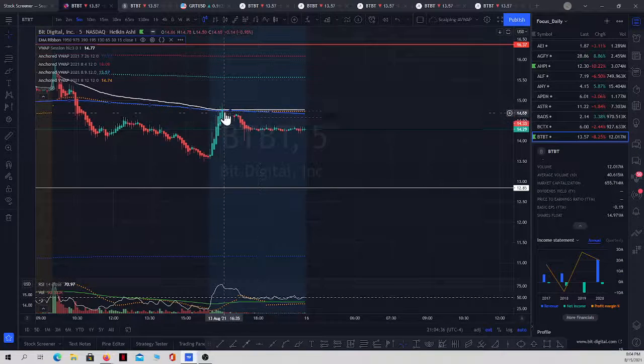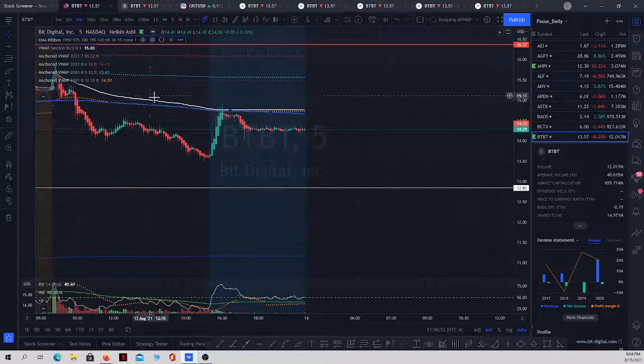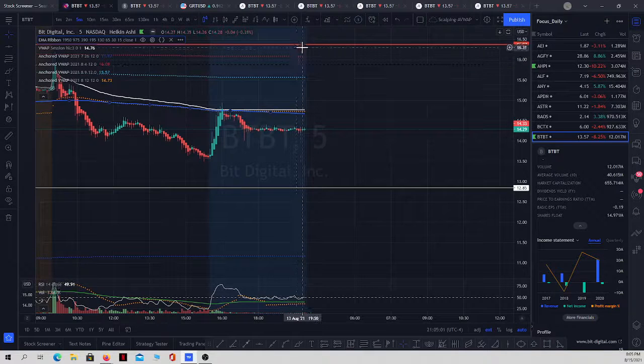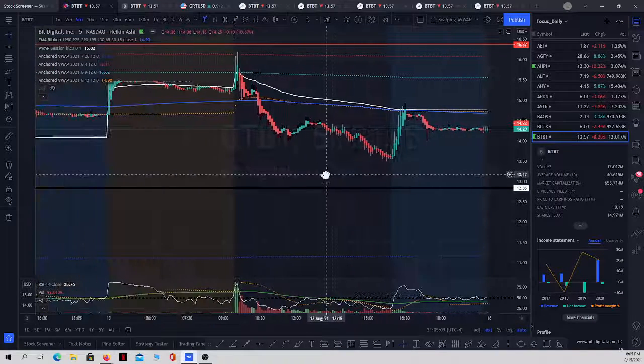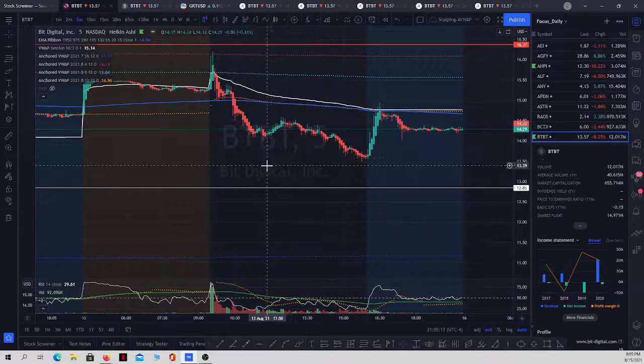So if you look here, the price is already below VWAP, below the anchored VWAP that we drew on the 12th of August, and it's already below the previous anchored VWAP from an older time interval, which gives you kind of an indication the sellers were in control and pushing the price down.